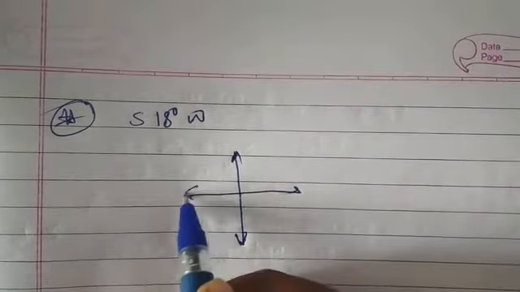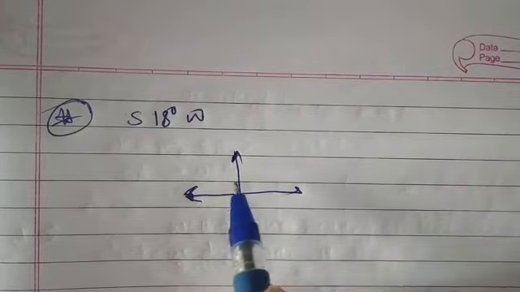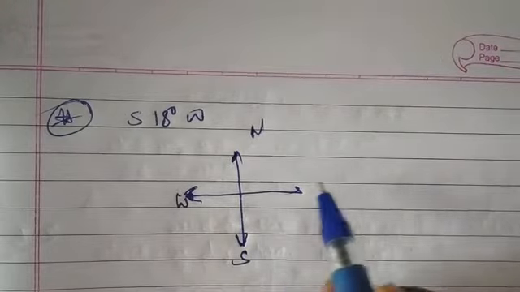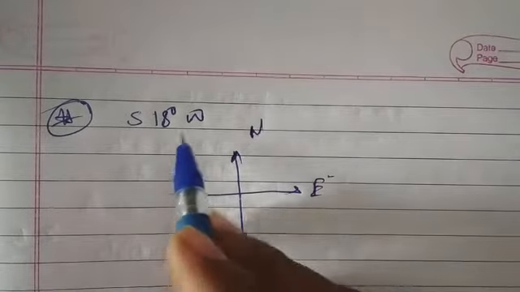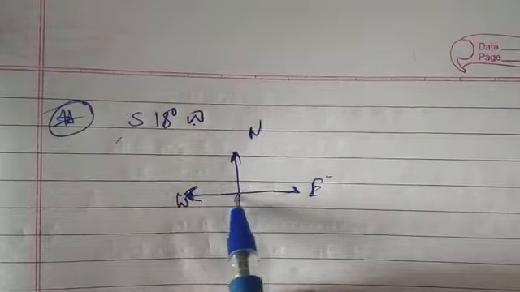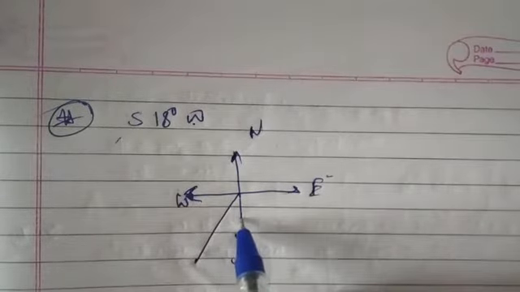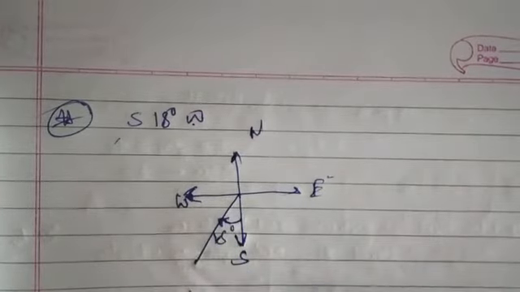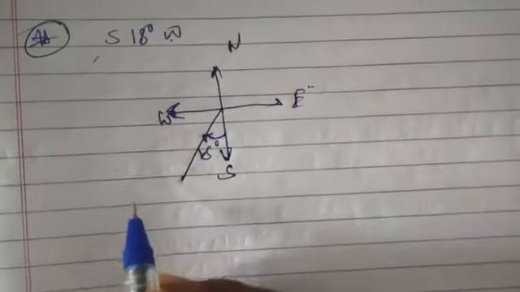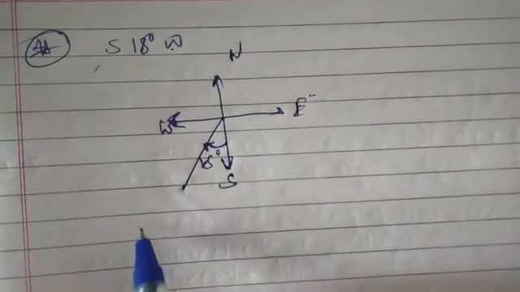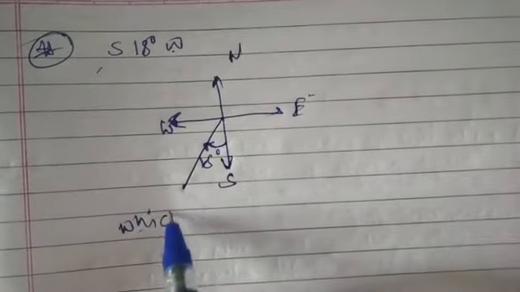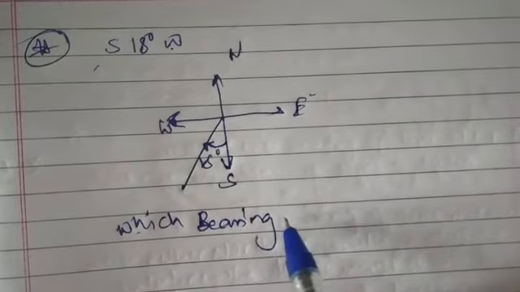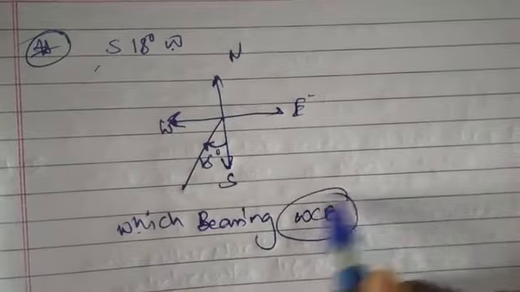Southwest means in which quadrant does it lie? Among north, south, west, east, it is in the southwest quadrant, which means the third quadrant. It is at 18 degree from south, so this angle is 18 degree. Now let me know which angle is the whole circle bearing for this line.